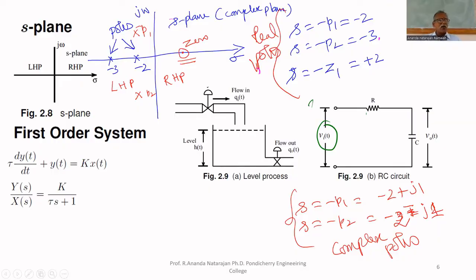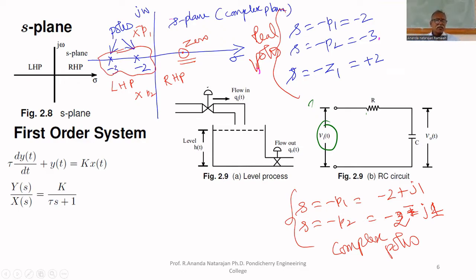Similarly, zeros can be complex or real. That's why you need a complex plane, the S-plane, to represent them. The location of these poles is very important. It has significance that we will see later.